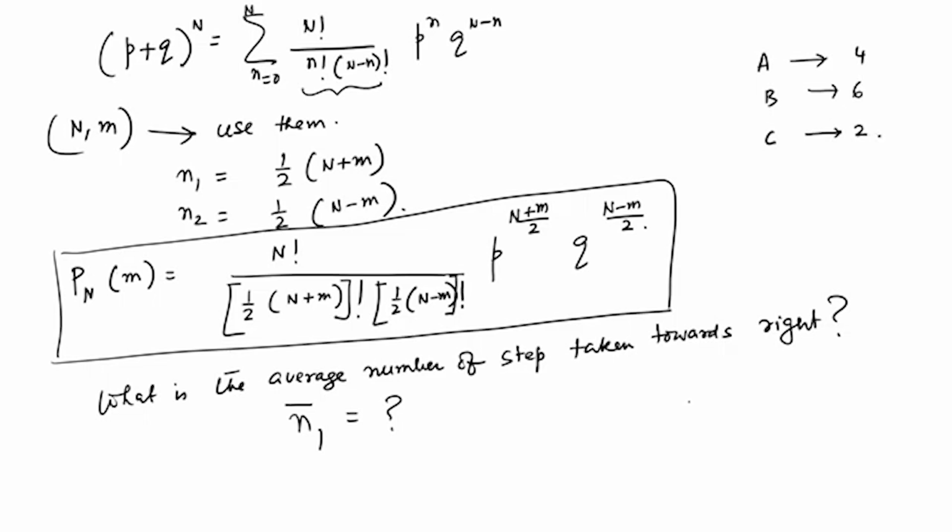So, the average grade will be whatever the grade you get. Let me change this nomenclature from A, B, C to P, Q, R. Okay. And so, these are the 3 subjects, statistical physics, mathematical physics and quantum mechanics.